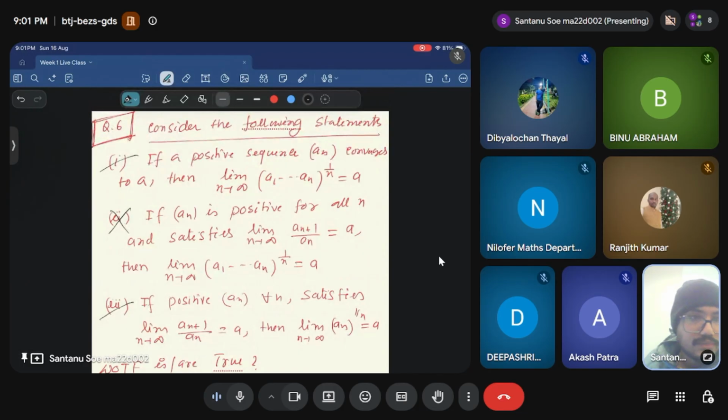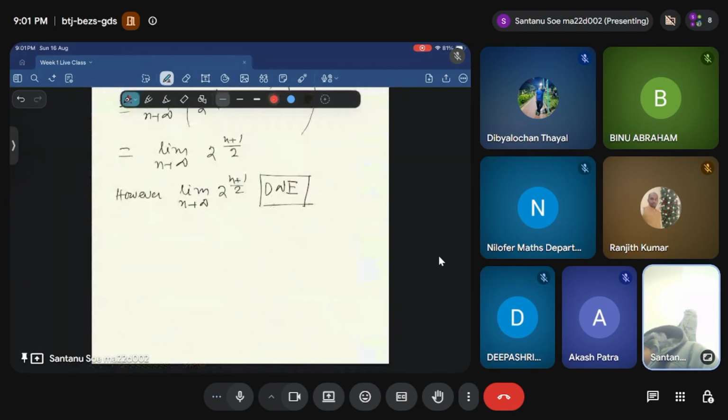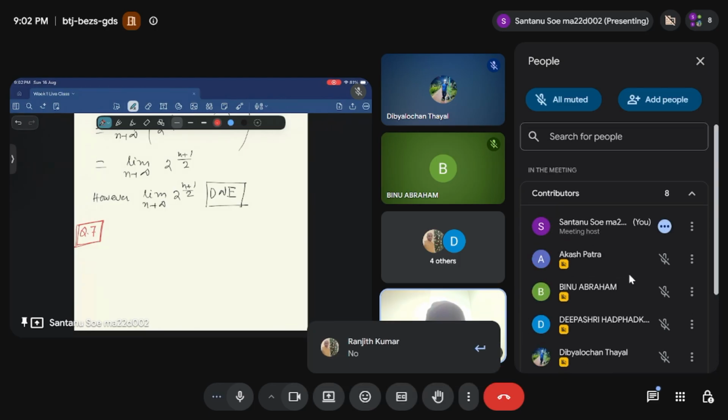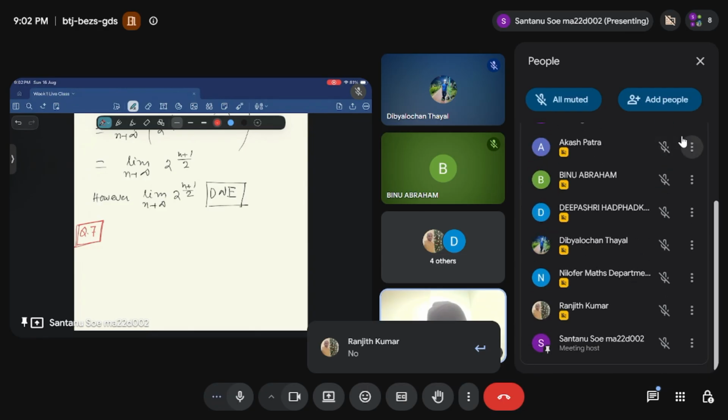Okay, so let me go to the next question. Question number 7. Any doubt in the previous question? I forgot to ask. There are also other people: Nilofar, Maths Department, Ranjit, Akash Patro, Pinu Embram, Dipashri, Dibalochan.